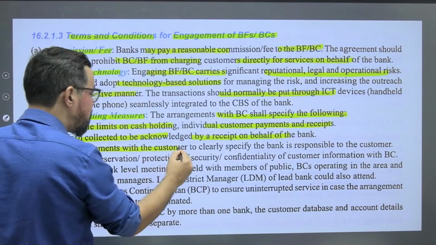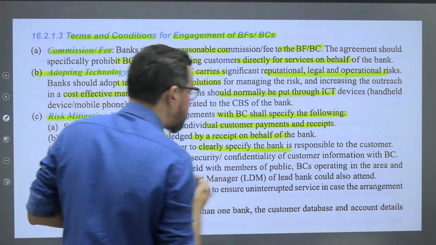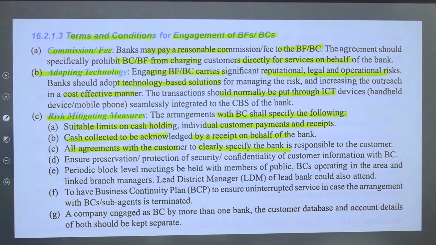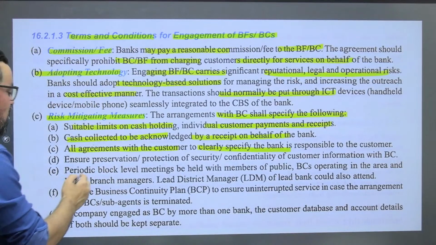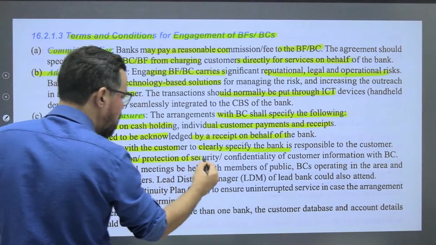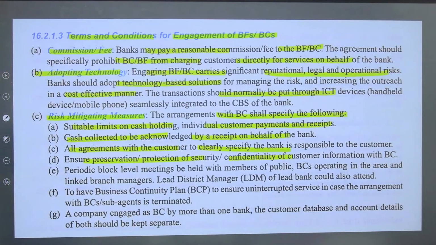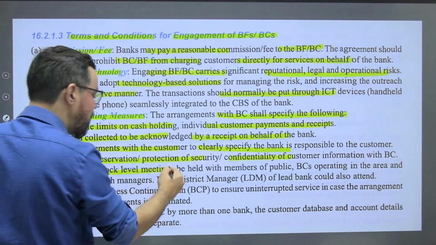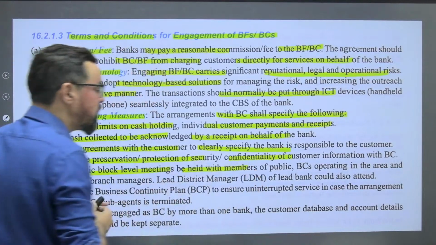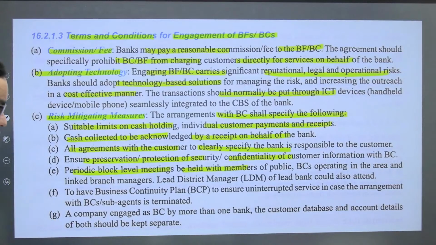All agreements with the customers to clearly specify the bank is responsible to the customer. Ensure preservation and protection of security and confidentiality of customer information with BC. Periodic block level meetings be held with members of the public, BCs operating in the area, and linked branch managers. Lead direct managers of the lead bank could also attend.